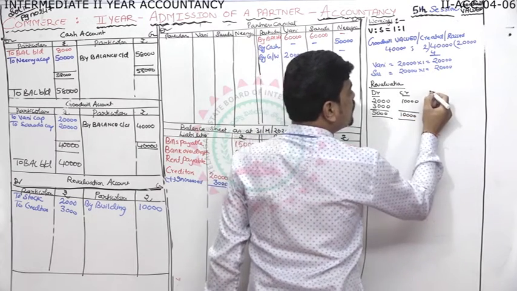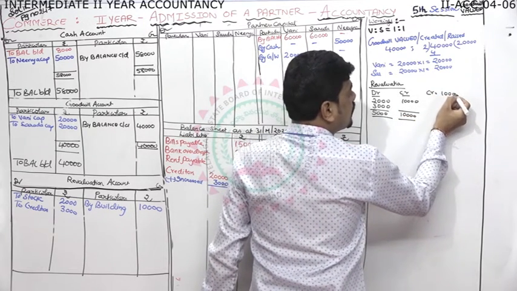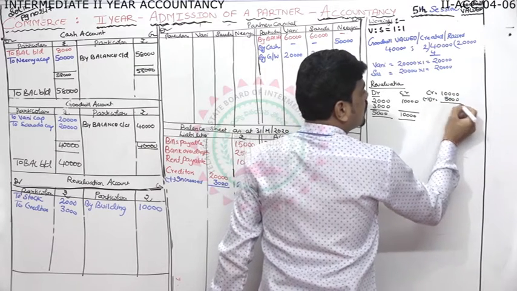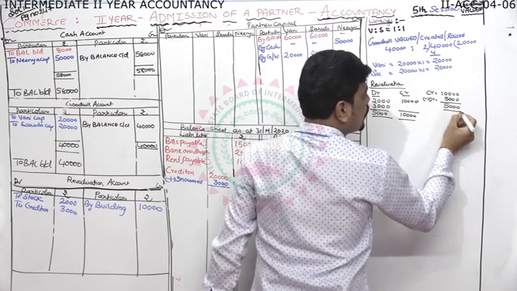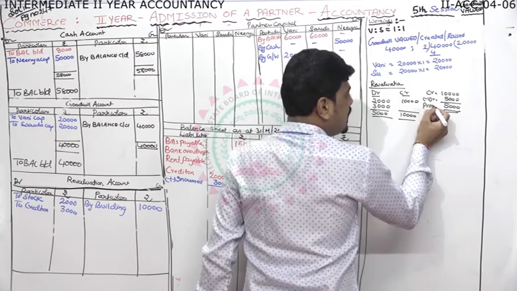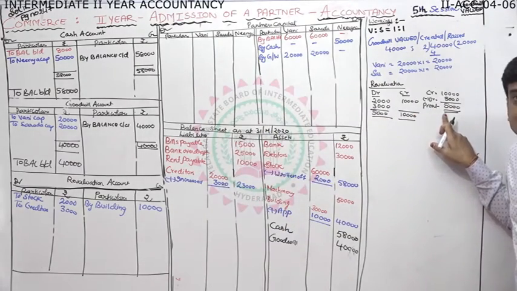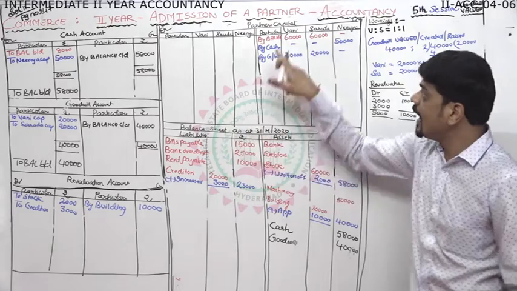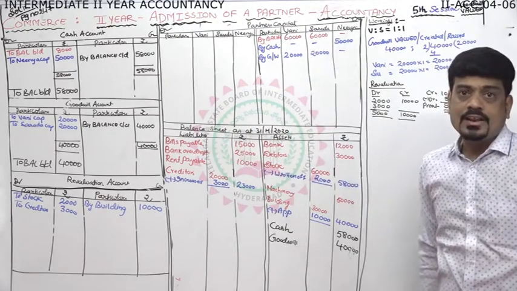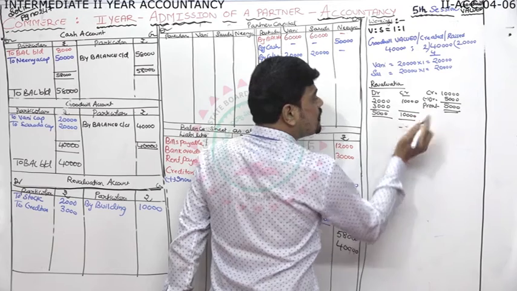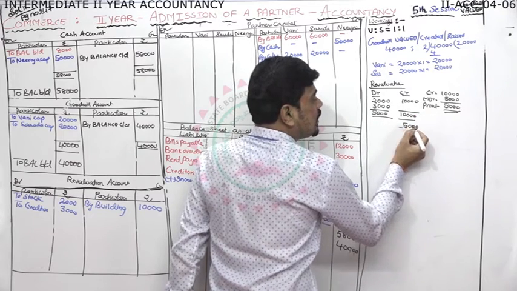Again, credit is more. Credit minus debit 5,000. I get a profit of 5,000. This is my profit. Now this profit I am going to distribute among who? As usual, Vani and Sharada. So better 5,000. I'll find the quotient.